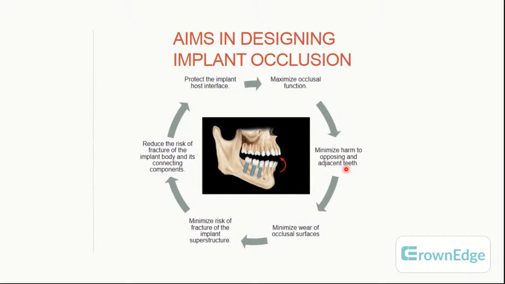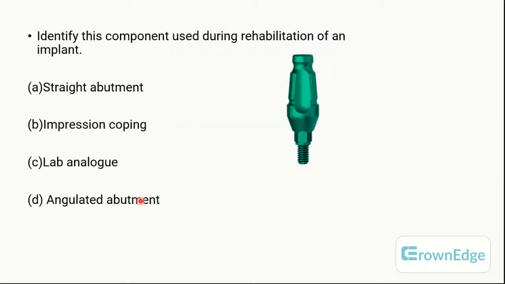Protect the implant, maximize occlusal function, but at the same time minimize harm to the opposing teeth. Minimize wear of occlusal surfaces by using metal or metal ceramic crowns rather than zirconia or titanium. Minimize the risk of implant fracture and reduce the risk of fracture of your natural tooth. This is what you have to understand whenever you're designing occlusion for an implant prosthesis.